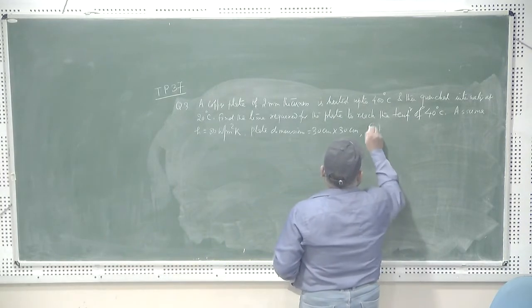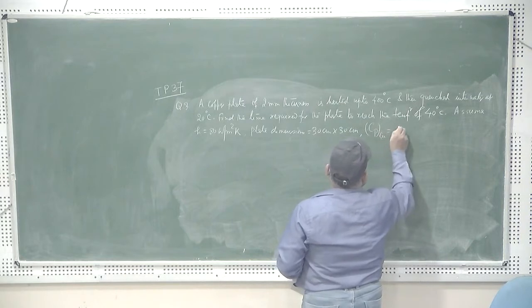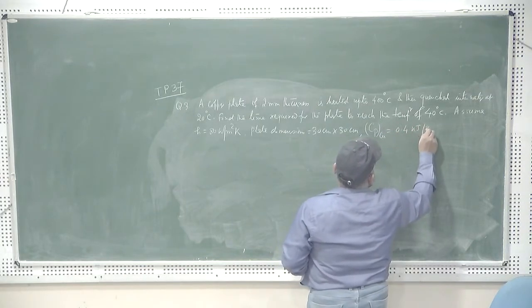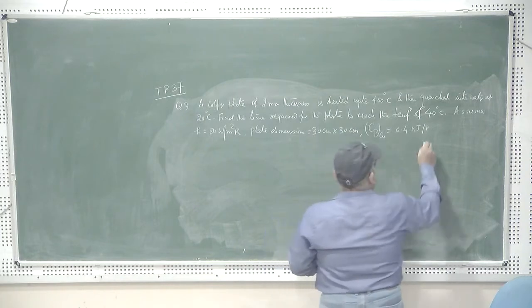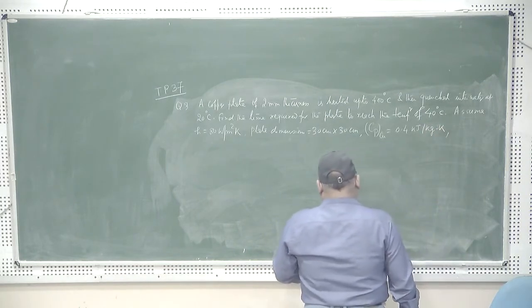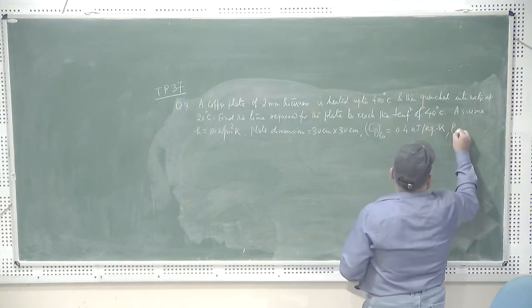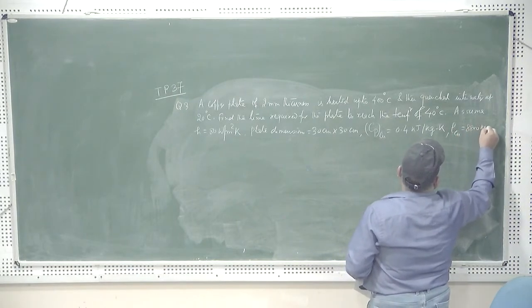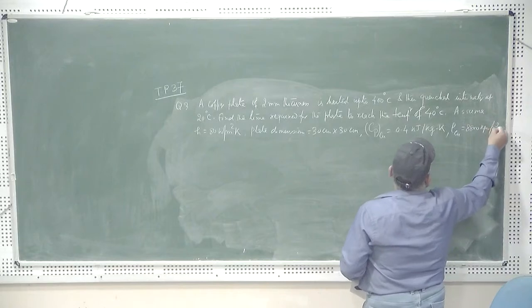Specific heat capacity of copper at constant pressure is 0.4 kilojoule per kilogram Kelvin, and density of copper rho is 8800 kilogram per meter cube.